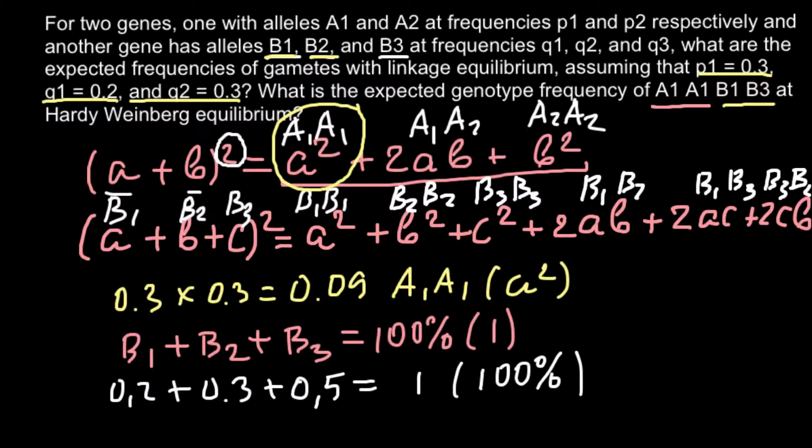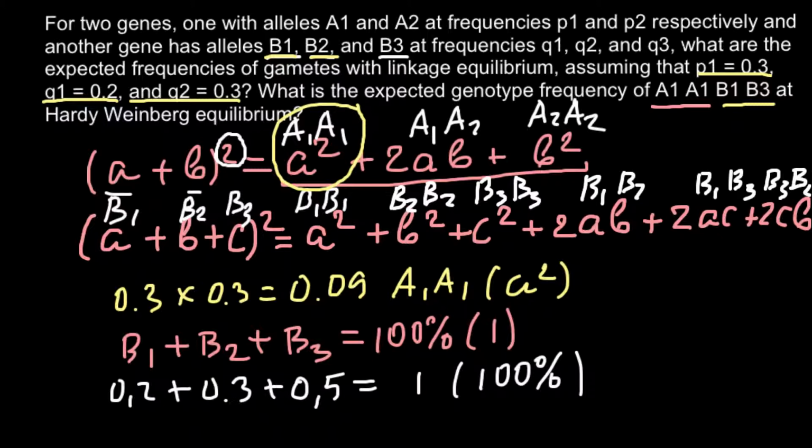In order to get 100%, we just have to multiply all these numbers by 100. So here we would get 20, 30, and 50. Now, in order to find frequency of this genotype B1, B3 in the gene pool for this locus, we have to use this part of the formula that stands for the frequency of the B1 and B3 alleles. And this part of the formula stands for the frequency of this genotype for this locus.